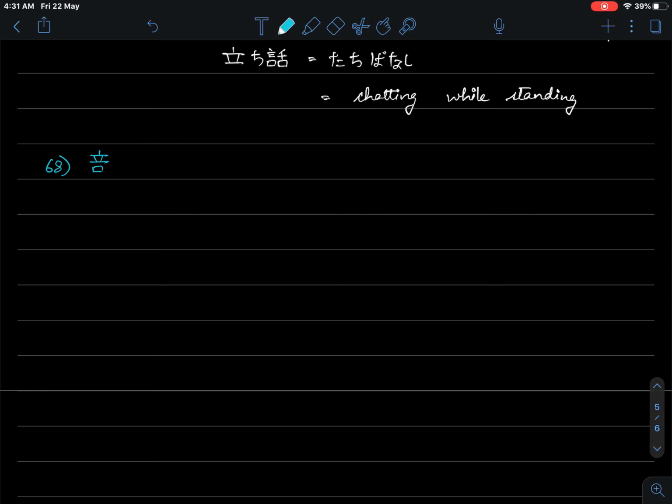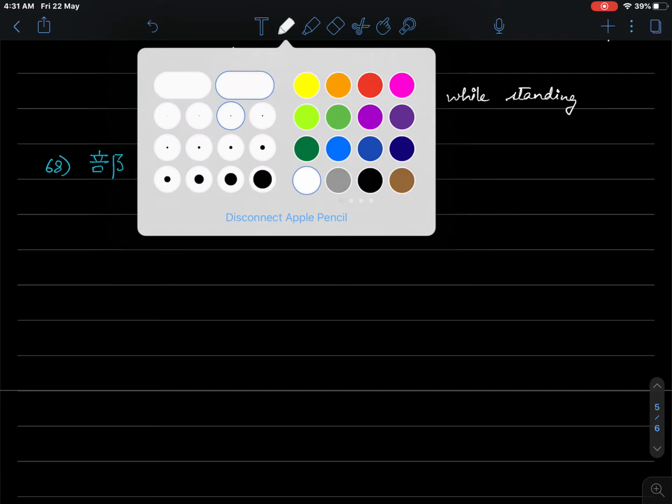Now here again, the mnemonic for this is a little difficult for me to explain, so I'm just going to skip the mnemonic and enter straight into the word.